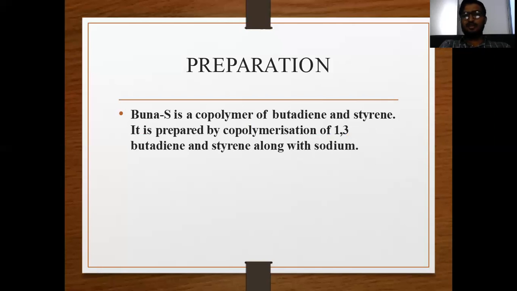Preparation. Buna S is a copolymer of butadiene and styrene. It is prepared by copolymerization of 1,3-butadiene and styrene along with sodium.